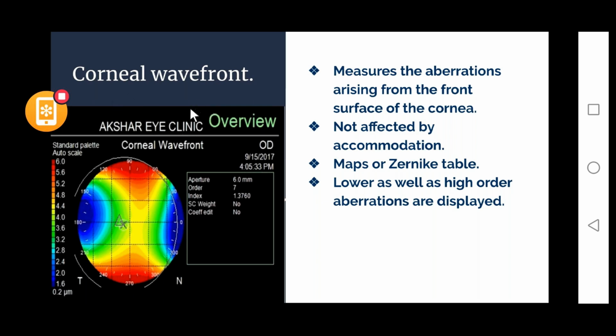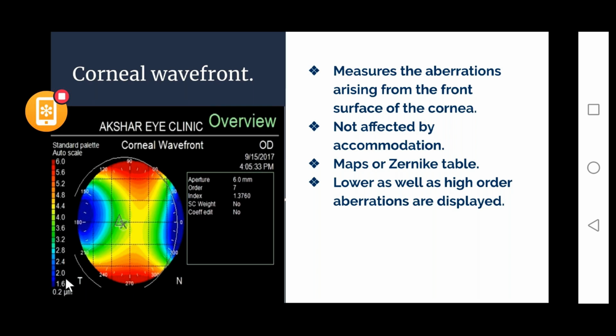truly measured, but these are measured on the basis of complex algorithms which do complex calculations from the Placido discs, and then it gives you the value of the wavefront. Again, it is in microns, and it follows the same kind of scale. If there is more positive aberration, it gives you on the red side or the warm side.